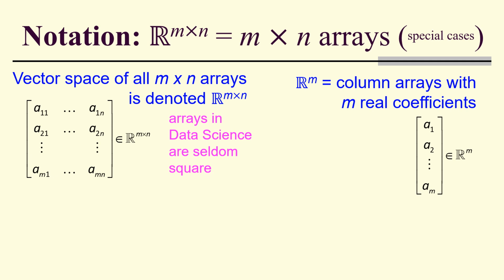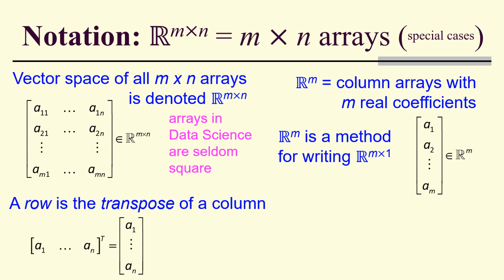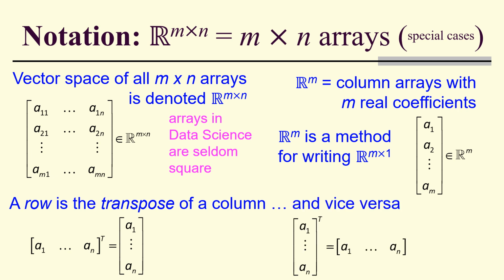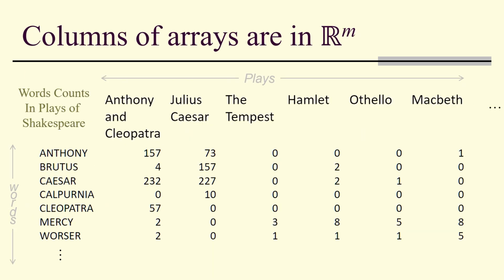So R^m is column arrays with m real coefficients. R^m is a method for writing R^(m×1). A row is the transpose of a column, and vice versa. The transpose of a column is a row. So for example, we could look at word counts of words in the plays of Shakespeare.